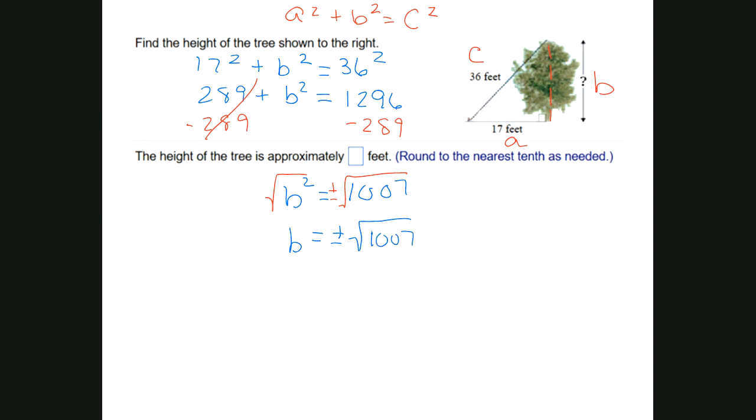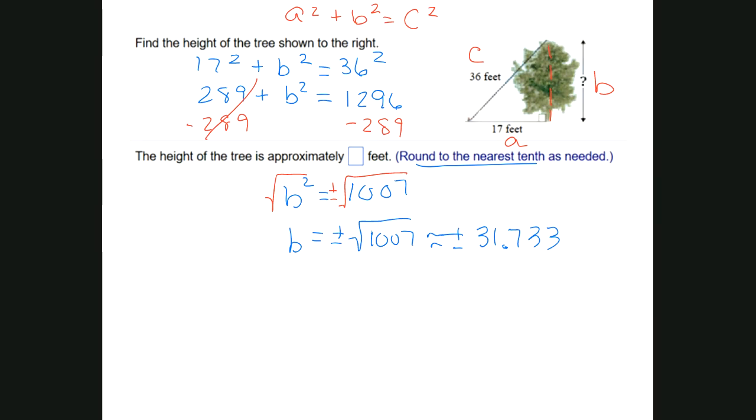The height of the tree is approximately blank feet, round to the nearest tenth. So that's telling us we need to go and put this in our calculator. Plus or minus 31.733, and it wants us to round to the nearest tenth.